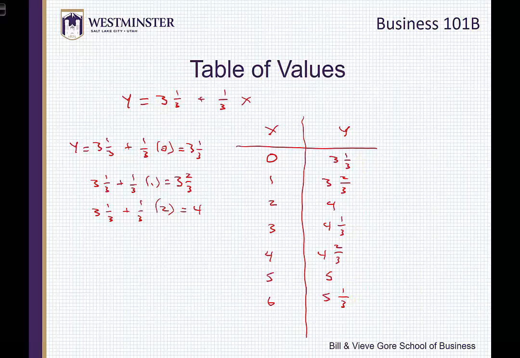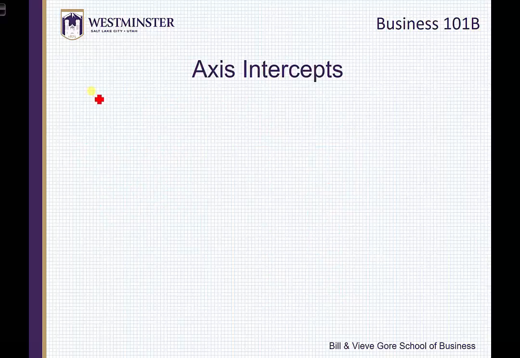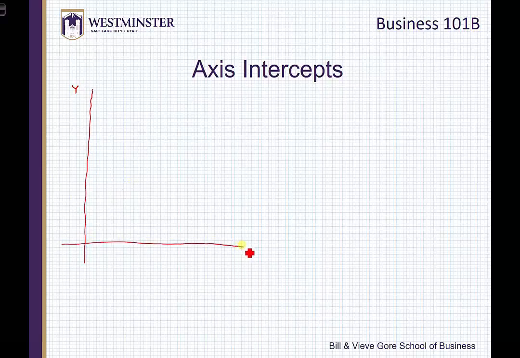Well, how do we look at that in terms of our graph? Well, to do that, we actually could simply create our Cartesian coordinate, and I'll do this primarily in positive space with y and x.